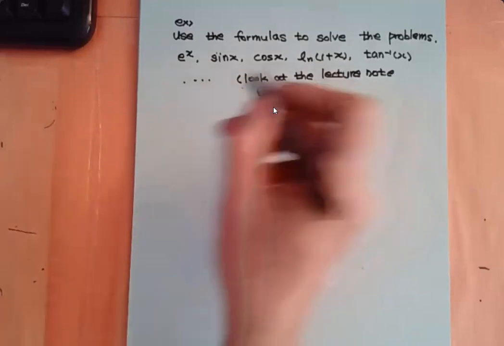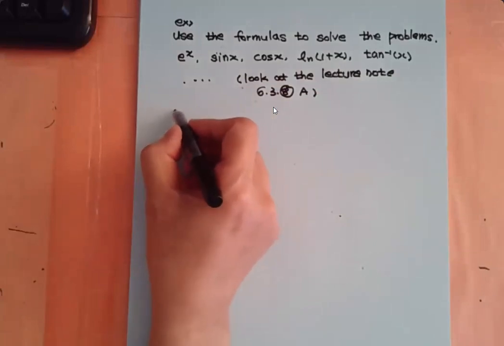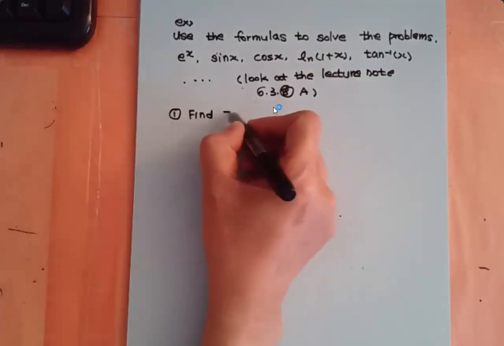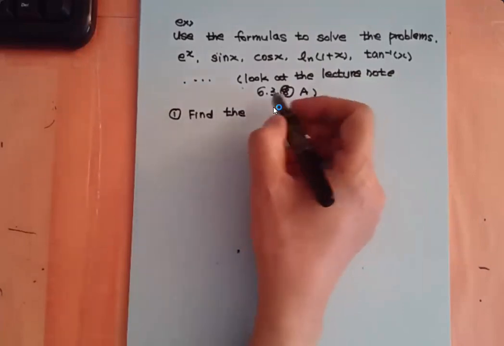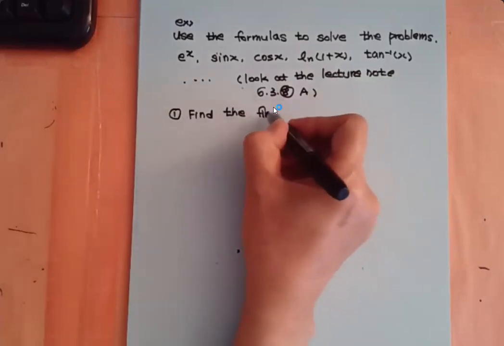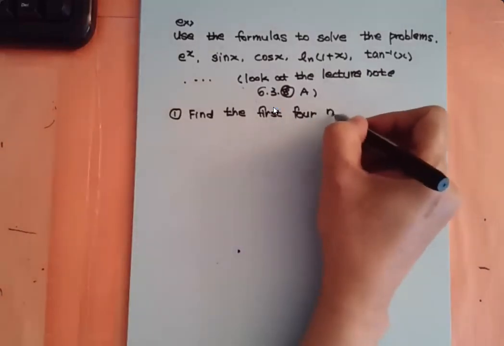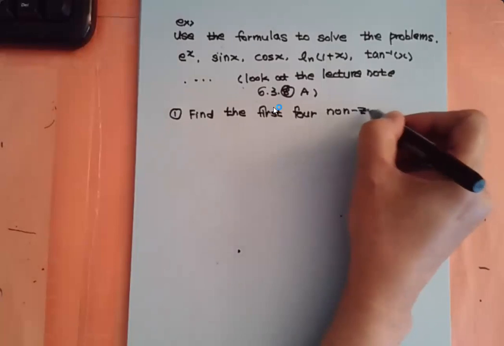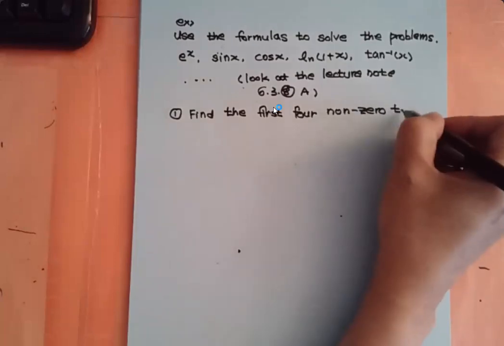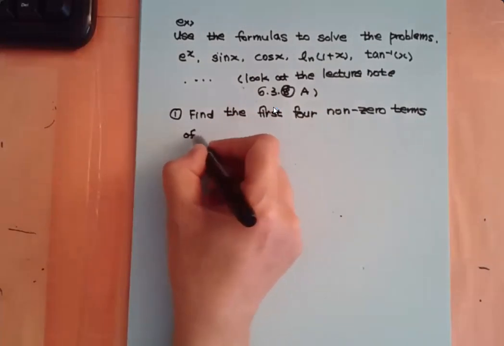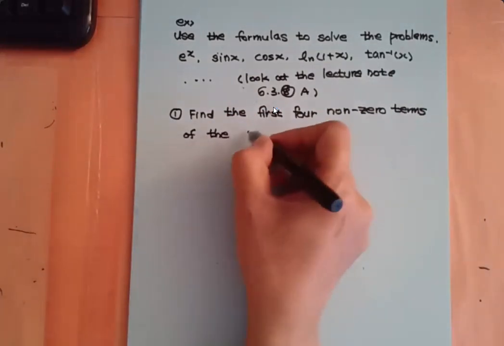(6.38a). Find the first 4 non-zero terms of the Maclaurin series.